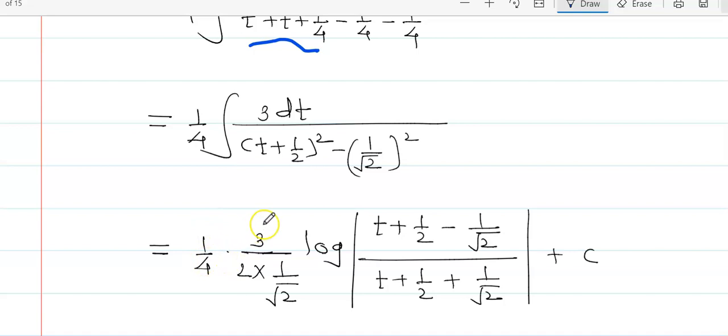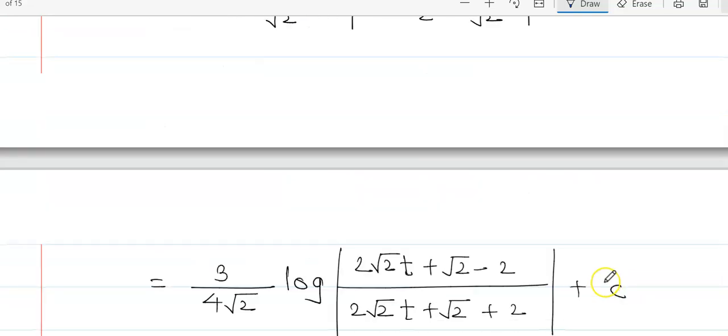Therefore, it is 1 by 4, 3 upon 2 into 1 upon a. 1 upon a means what? 1 upon root 2 log of, this is x minus a upon x plus a. And simplify it. Therefore, you will get 3 upon 4 root 2 log of 2 root 2t plus root 2 minus 2 upon 2 root 2t plus root 2 plus 2 plus c.